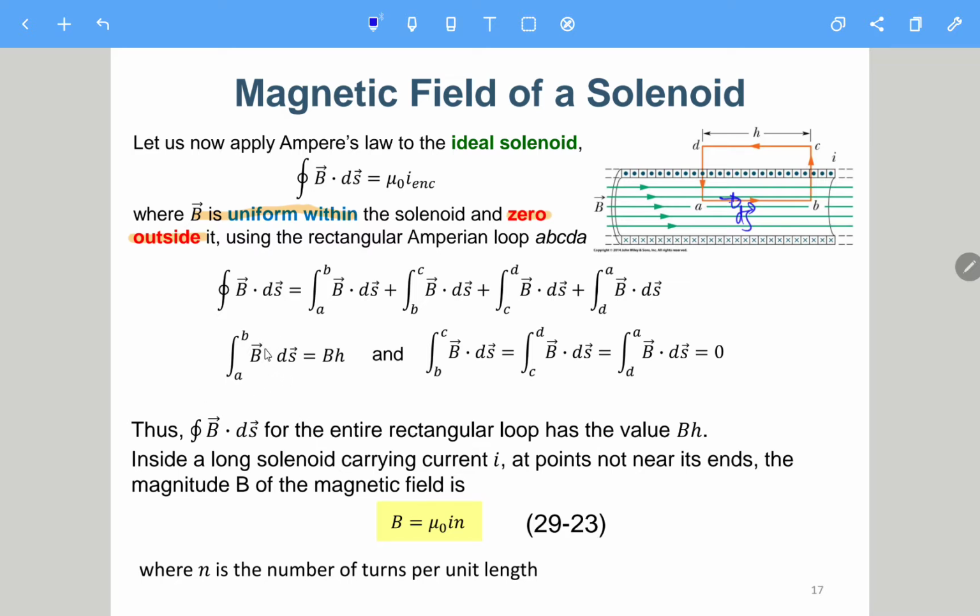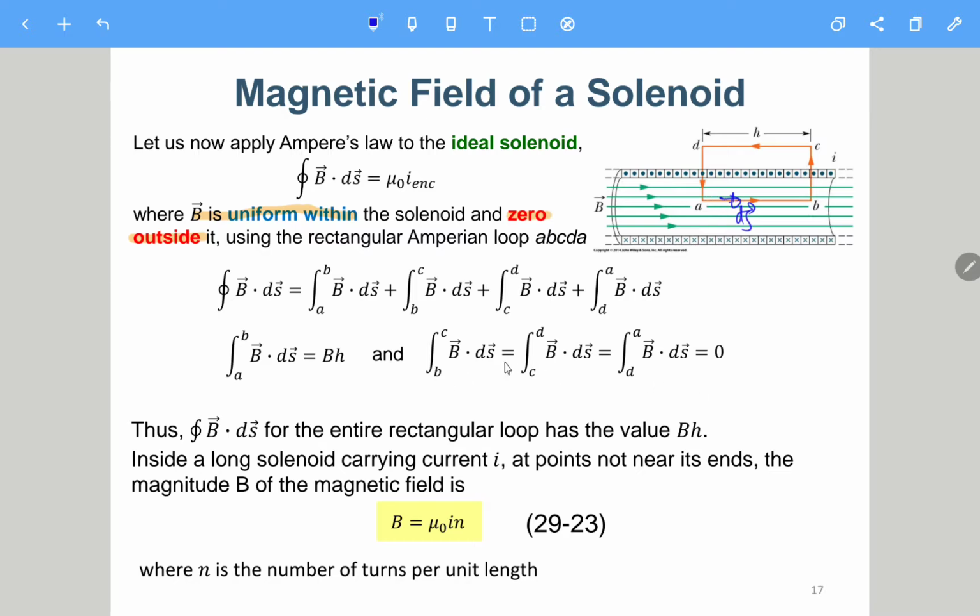B is uniform, so we can just pull it out, which means the integral of ds is nothing but the length of this AB segment. We denote the AB segment length as h. So this line integral is simply written as B times h for this segment.